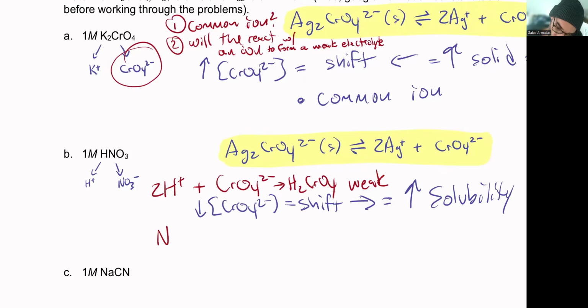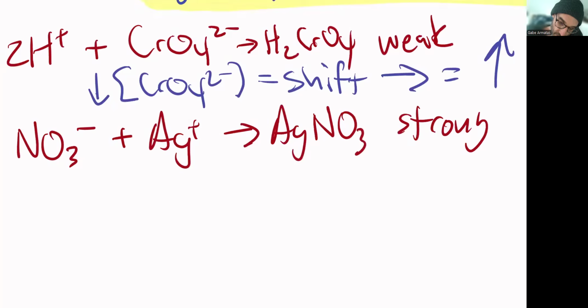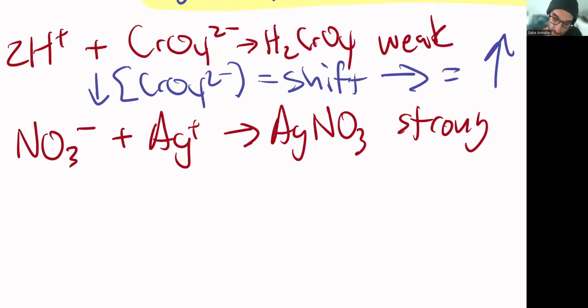The other thing that we could react was nitrate. NO3 minus could react with the silver ion to make AgNO3. This is strong. If you have a strong electrolyte, what we know is as soon as these two come together to form silver nitrate, immediately, if it's strong, this just dissociates again and goes back.